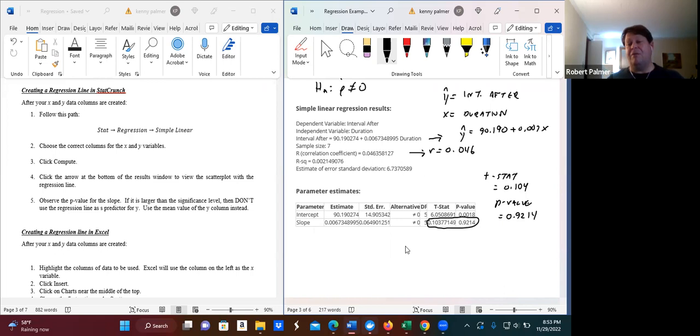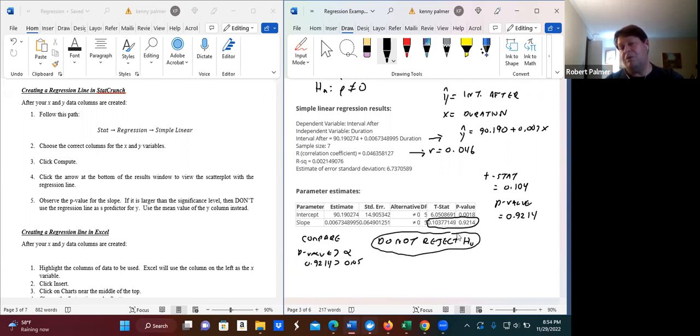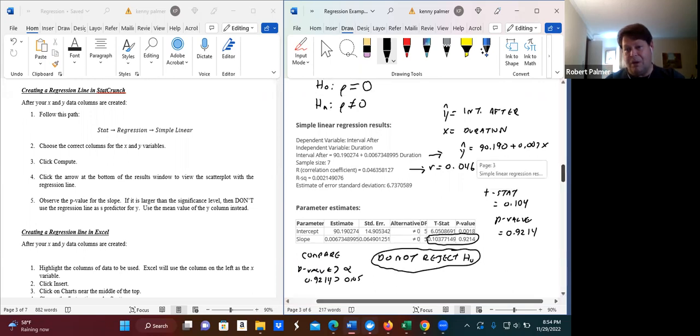So once again, from the previous video on correlation, what we do then is compare alpha to the p-value, and clearly the p-value is larger than alpha, which is 0.05. And so this means we do not reject H0.